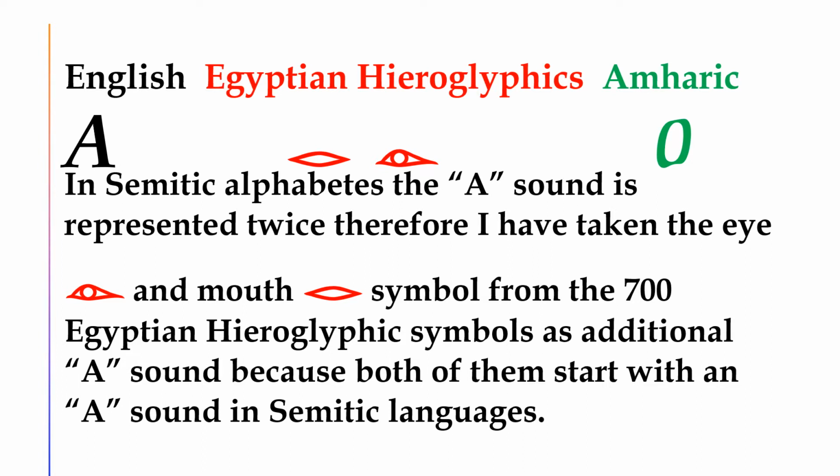So for this sign, I have taken the mouth and the eye symbol, because in Amharic we call the eye ayin, and the mouth we call it af. So both the eye and the mouth start with an A sound in Amharic. That's why I have chosen the Egyptian hieroglyphic signs for that.